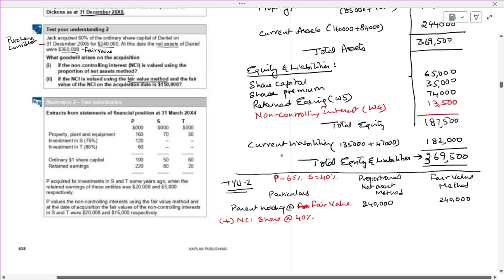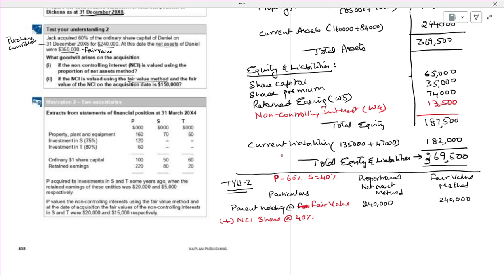They have mentioned proportional to net assets, 40%. See, they have said the thing: proportional to net assets is 40%.